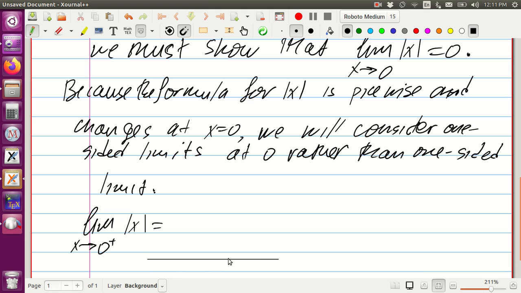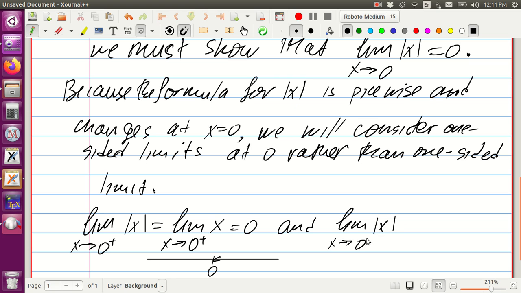And remember, when we approach 0 from right, that means we take numbers that are positive, and according to the formula, absolute value of x is x. So it's going to be limit of x as x approaches 0 from right, which is equal to 0. And the limit of absolute value of x when x approaches 0 from left.